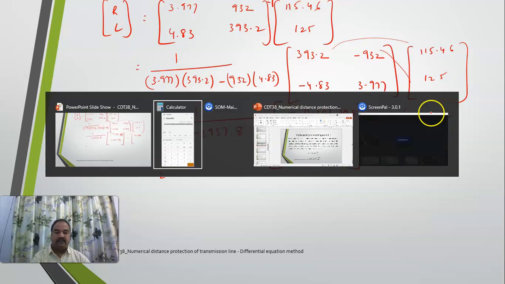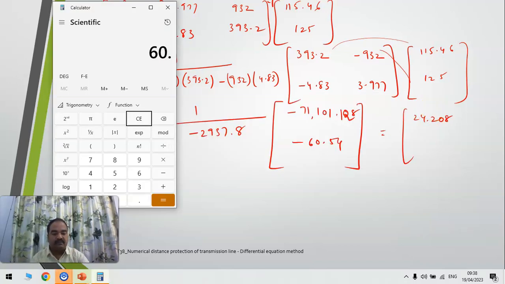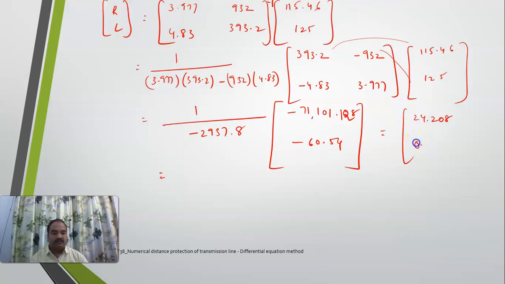Whereas this is your inductance. How much is it? 60.54 by 2937.8, which is 0.0206. So this is your R value, this is our L value. R is equal to 24.202, L is equal to 0.0206. This is in henry, this is in ohms.